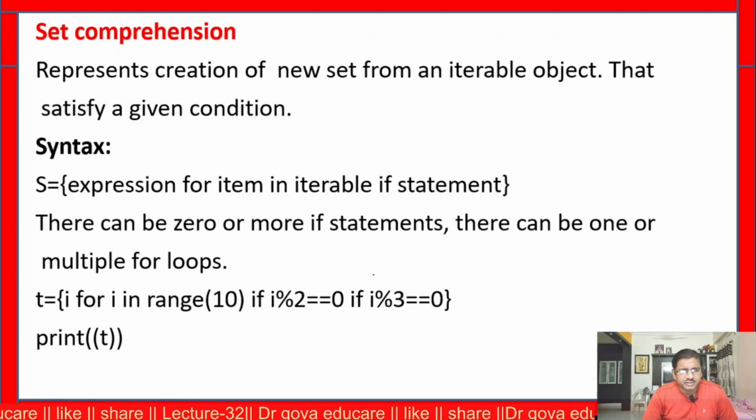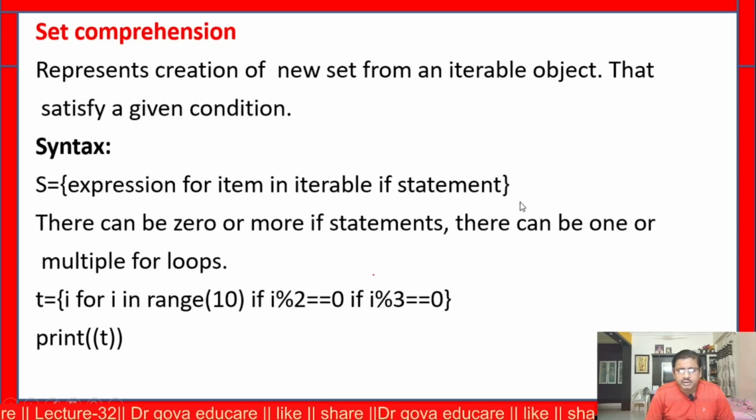Set comprehension. This represents the creation of a new set from an iterable object that satisfies a given condition. This is the syntax. S is equal to, within the set expression, for item in iterable if statement.